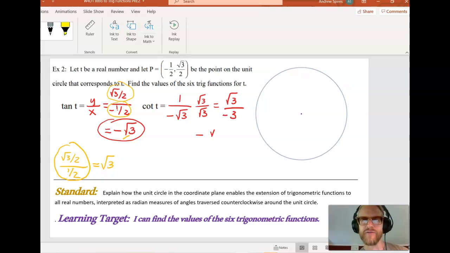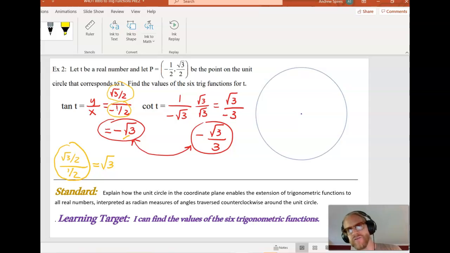So the final answer is... Okay, you're going to see these two numbers over and over. And it's not intuitive. The reciprocal of the square root of 3 happens to be the square root of 3 over 3. You're going to see that number over and over and over.